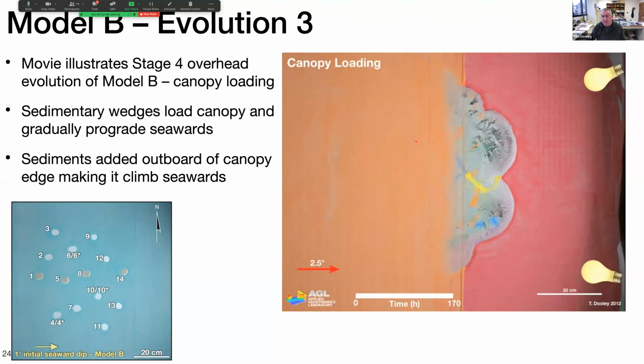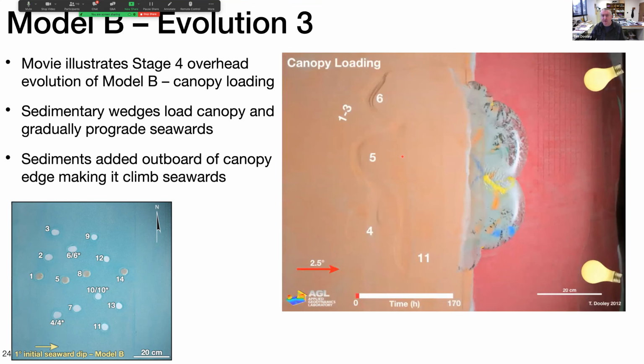And now we're going on to stage 4 here, where I'm adding on sand wedges here. So each wedge pinches out here. I'm also going to be adding on sediments outboard of the system.